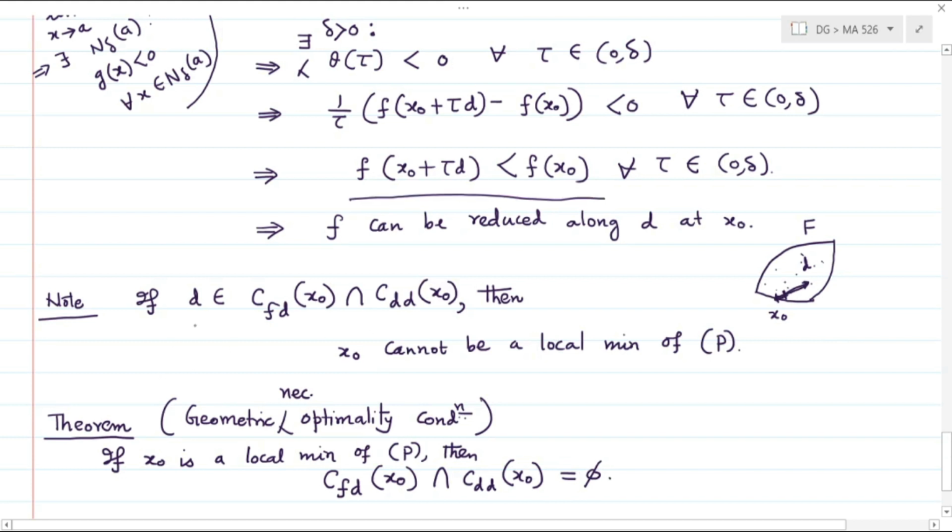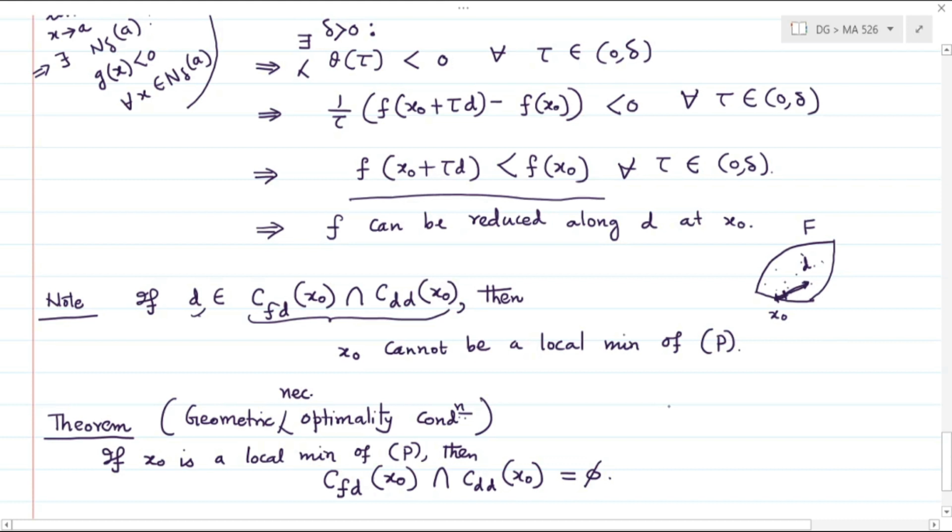If d is inside this intersection, then along that d you can reduce the function value, and therefore at a local minimum of the problem P you must have CFD intersection CDD equal to the null set. There cannot be any common element.